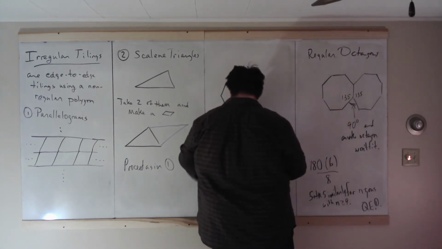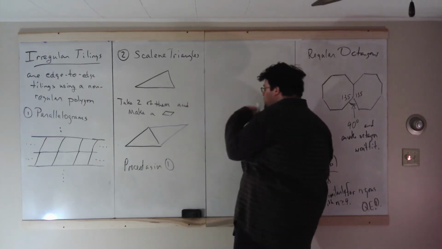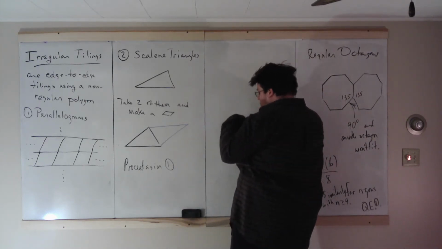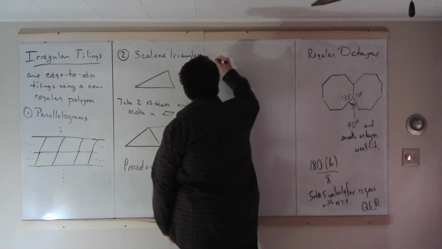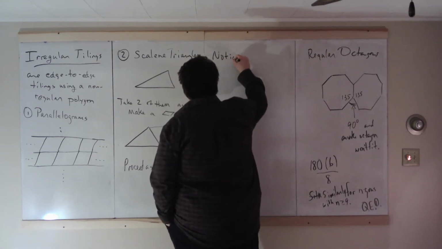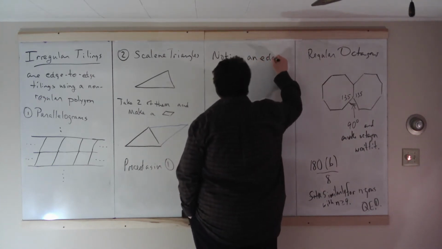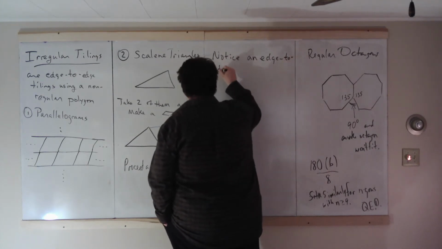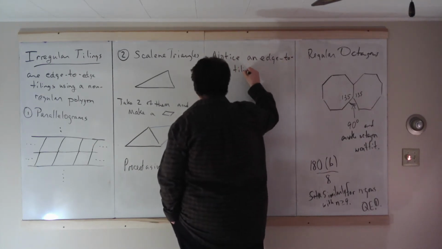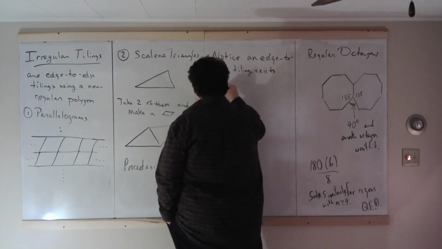So I just mentioned on the worksheet or the homework that there will be a tiling using isosceles triangles as well, similar to that. But notice an edge-to-edge tiling exists for, what do we notice?